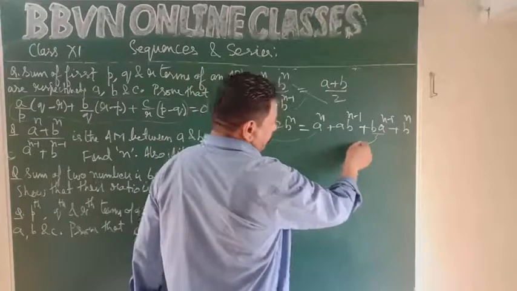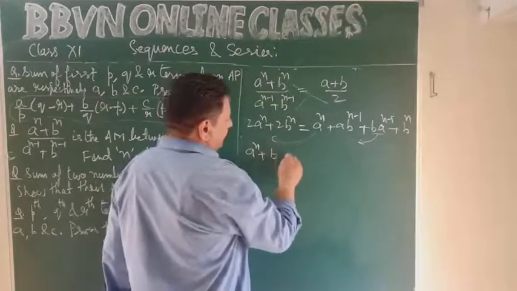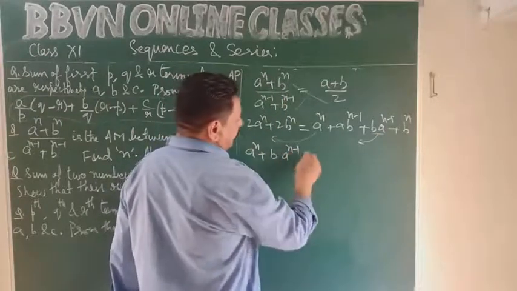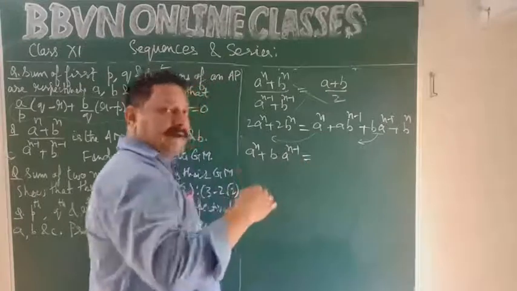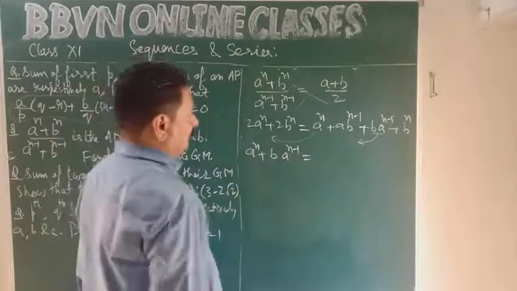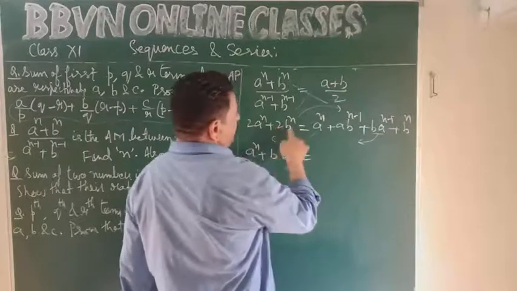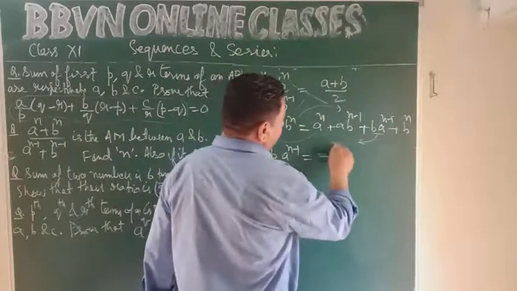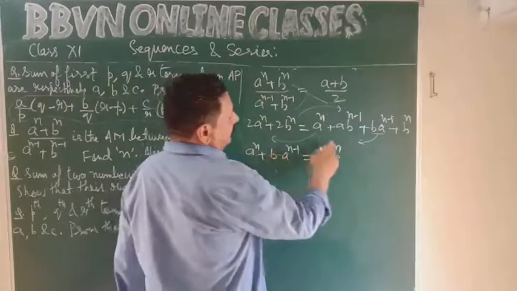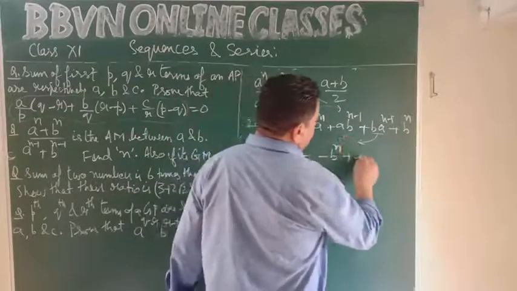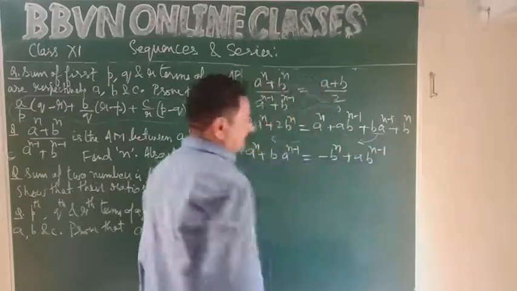Then bring this term, plus b into a to the power n minus 1, equal to. All the terms of higher power of b will take to the other side: b power n minus twice b power n becomes minus b power n. Then we have plus a into b to the power n minus 1.